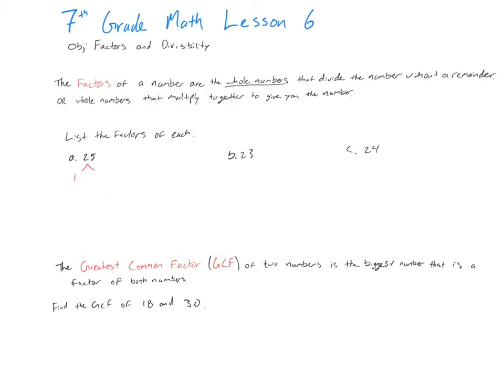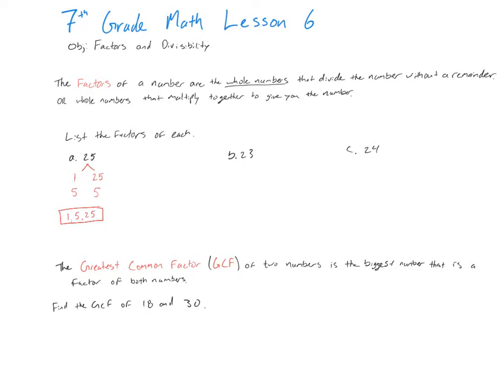So 1 times 25. 2, no. Other factors. 2 doesn't, 3 doesn't, 4 doesn't, 5. Yes, 5 times 5. So it's going to be all of our factors. So the factors are just going to be 1, 5, and 25.